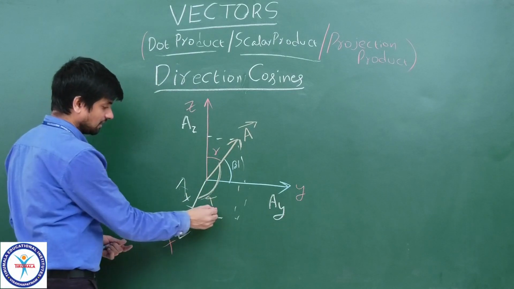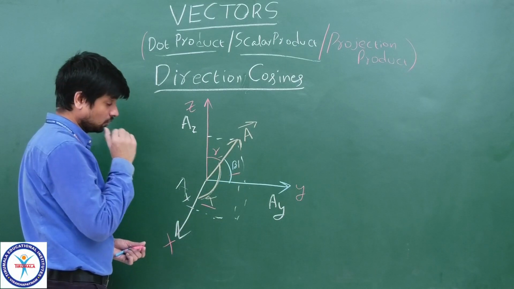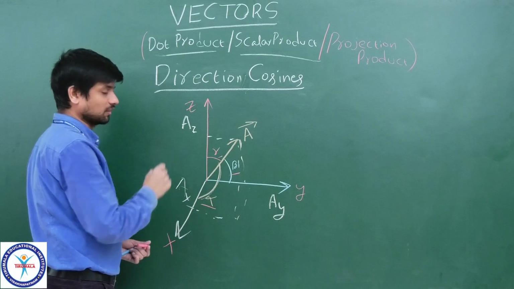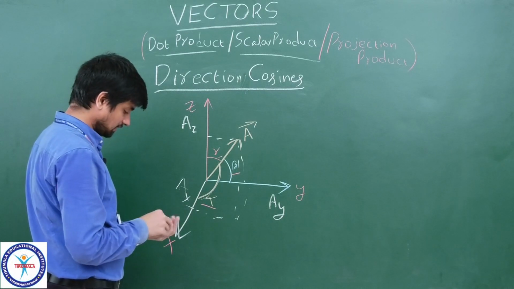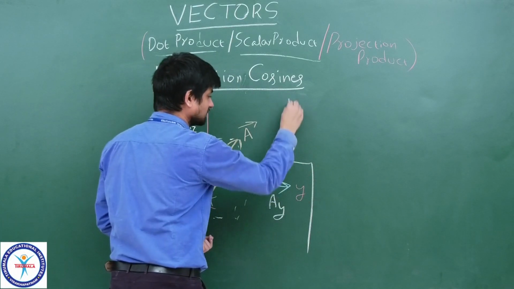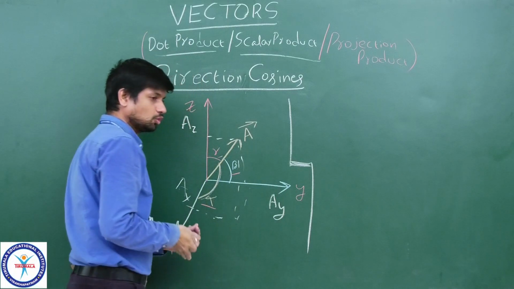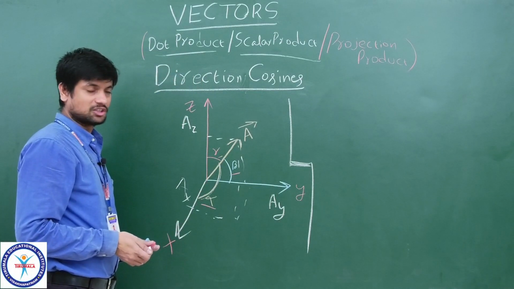See here, alpha, beta, gamma. Now, I want to know each one. So what do you do here, children? Just apply the same concept to know each one's magnitude, each one's angle.